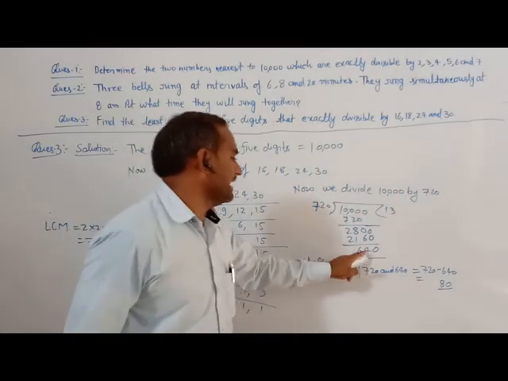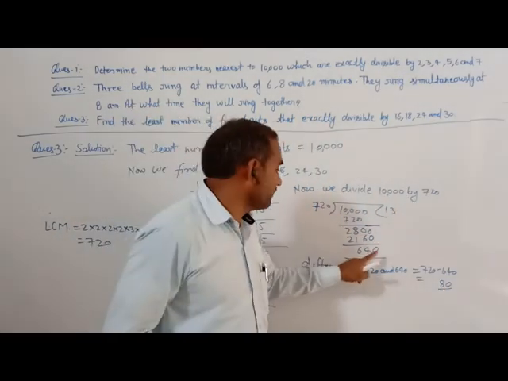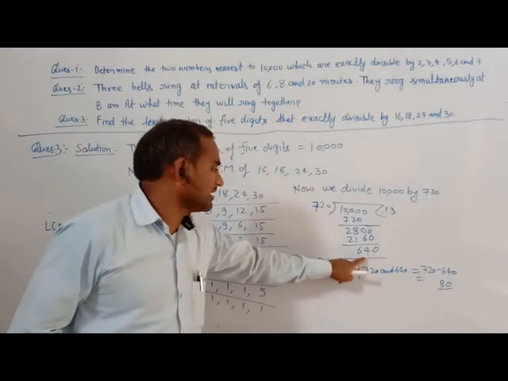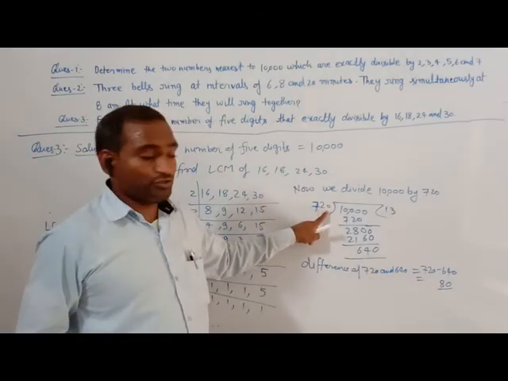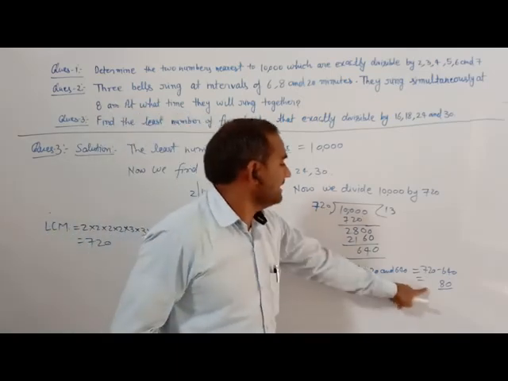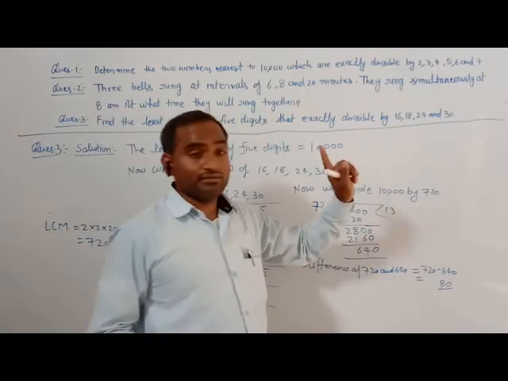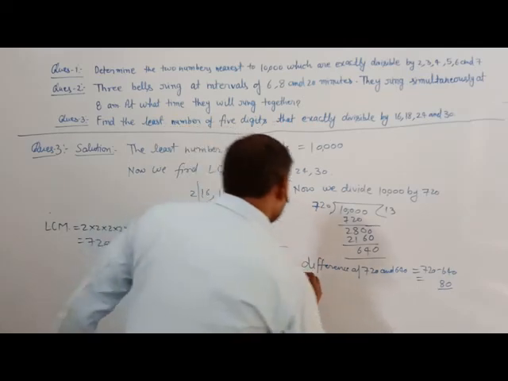If we add 80 to 640, then it will be completely divisible by 720. So we have to add 80 to 10,000.